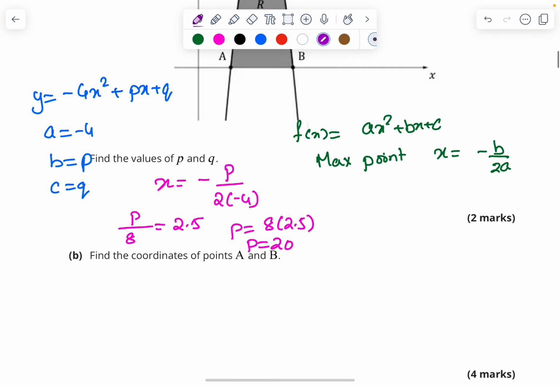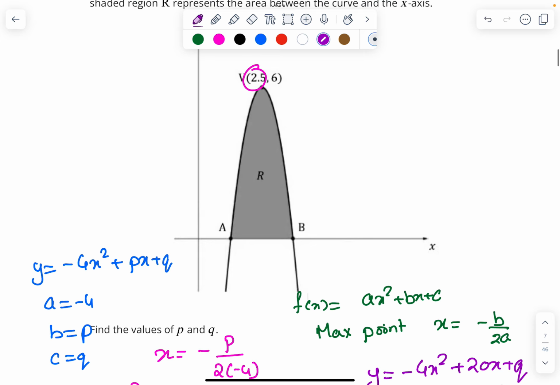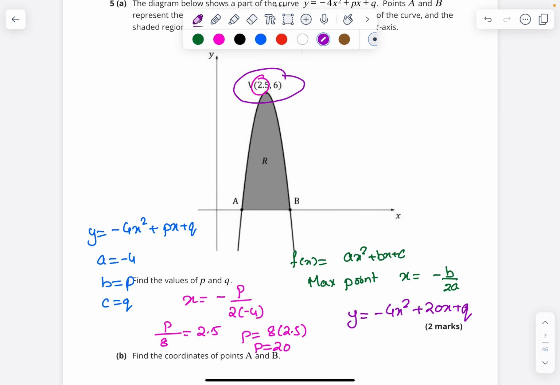Next, I need to get the value of q. So the equation of the curve we just got is y = -4x² + 20x + q. But this point (2.5, 6) will lie on this curve.